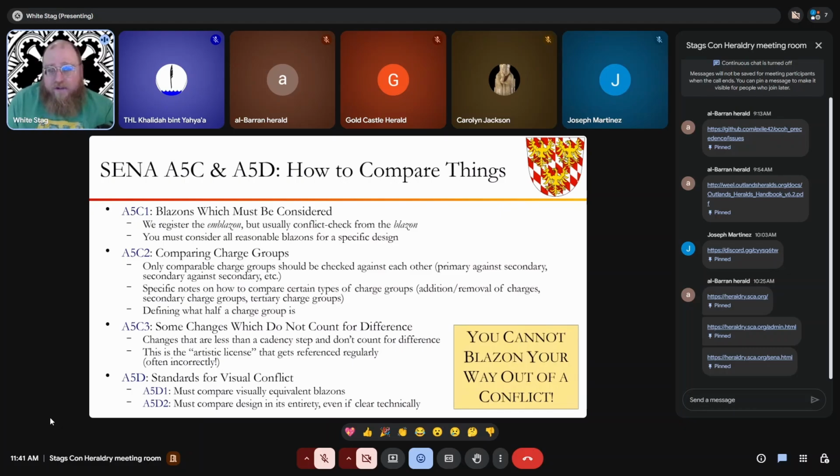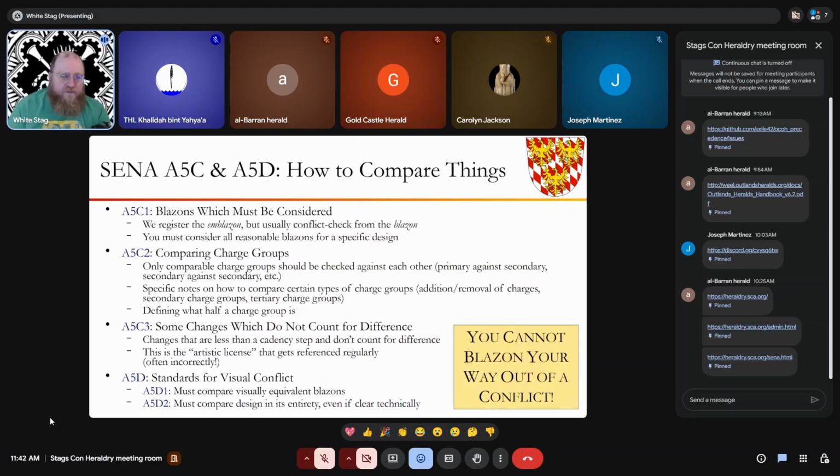It is on the field. It is a secondary charge group. And the reason we need to know that is because that means we conflict check it against other secondary charges. We don't need to think about tertiary charge groups. If there are tertiary crowns, we don't need to think about them, or we only need to consider them under the rules where you would add or remove a charge group. I don't need to compare that charge group against other tertiaries.